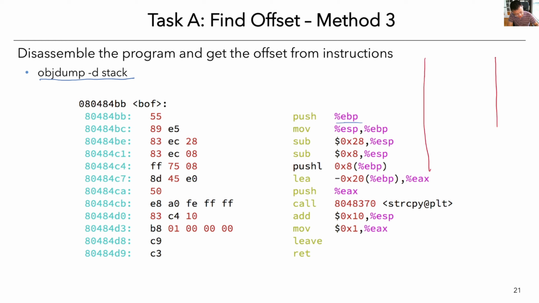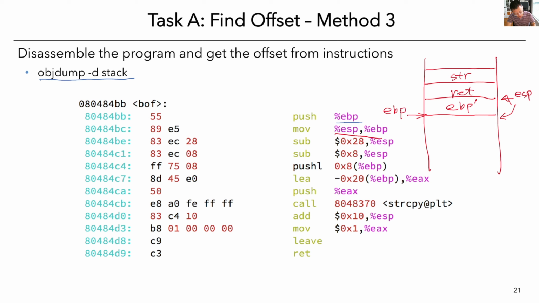Then we move ESP to EBP. So our EBP points to this location. The EBP is the base pointer. We have mentioned that it's called a base pointer because you can add or subtract an offset to access the function parameters or local variables. Then we subtract 0x28 from ESP. So now ESP points to here.